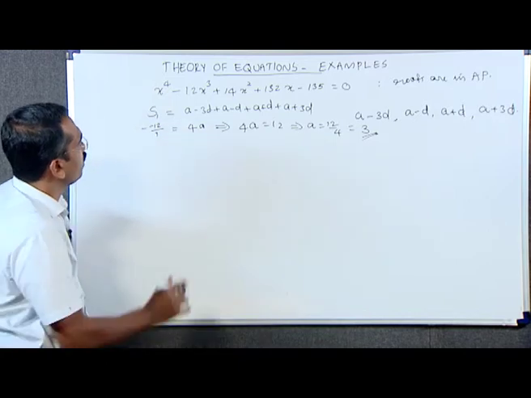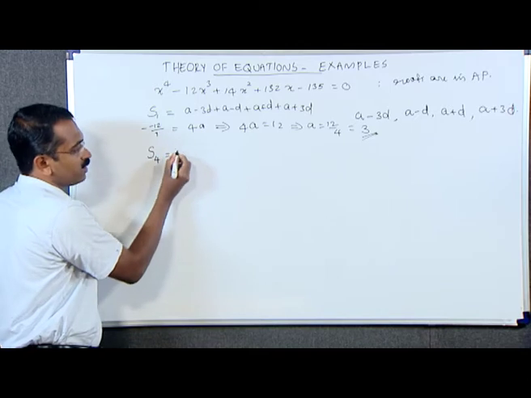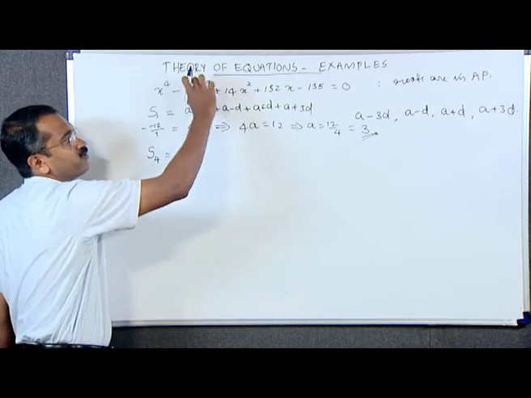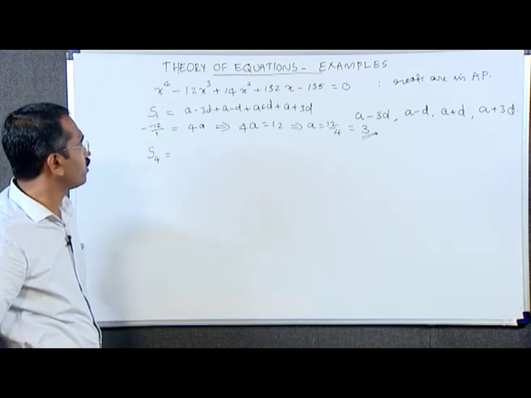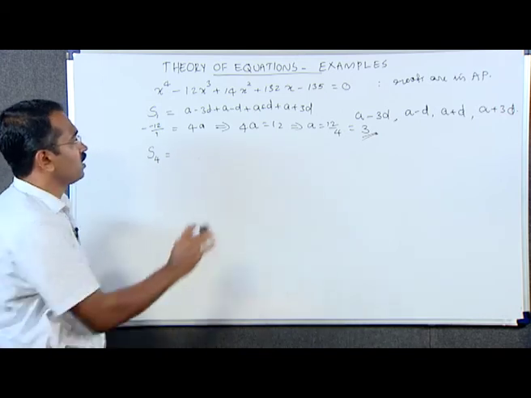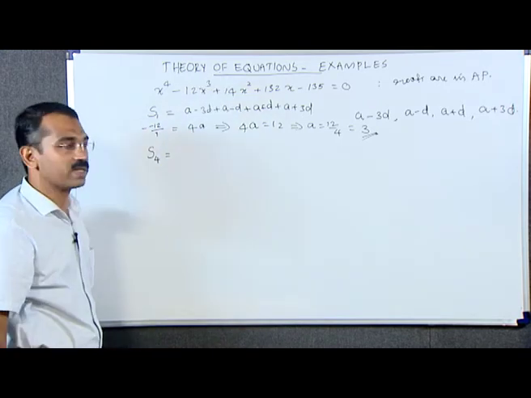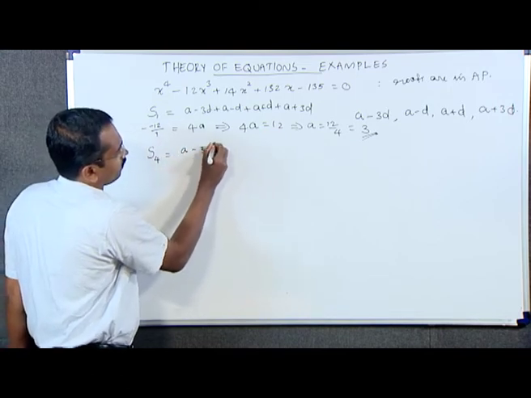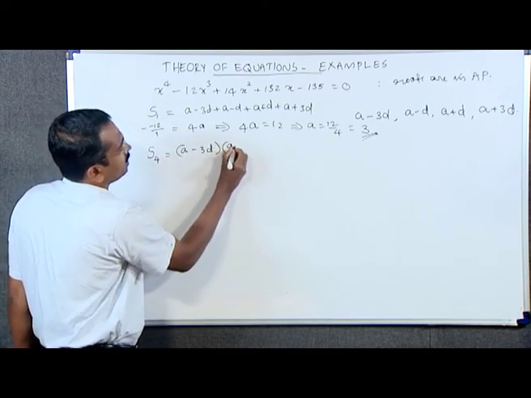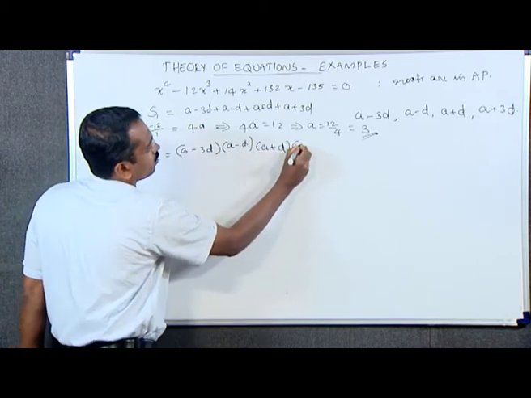Now, from the relation between the roots and the coefficients of the equation, we can write S4. S4 means the sum of the products of 4 roots taken at a time. That means a minus 3d into a minus d into a plus d into a plus 3d.